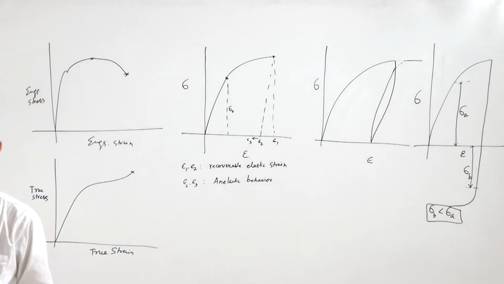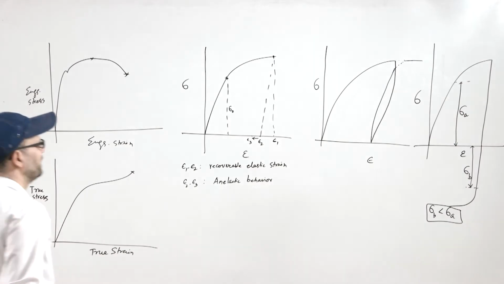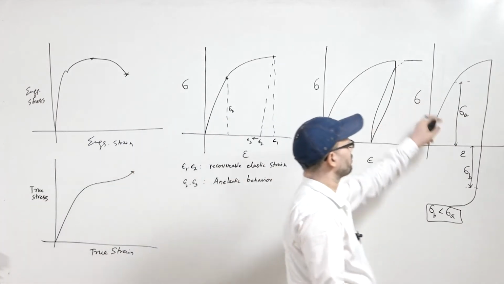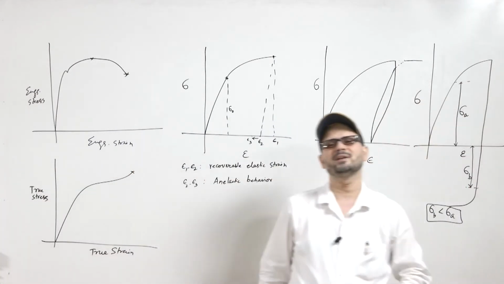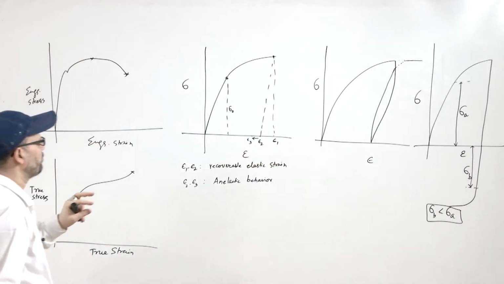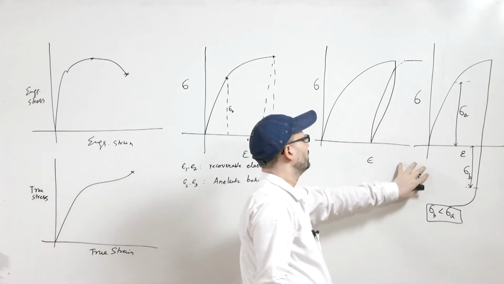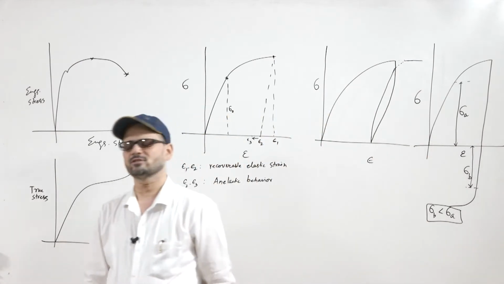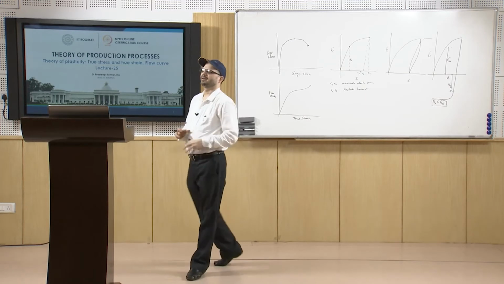Basically that effect is also neglected. You assume that whether you go for tension or compression, sigma A should be equal to sigma B. So these are the points which you should know about how it is observed in the case of the true stress, true strain diagram.